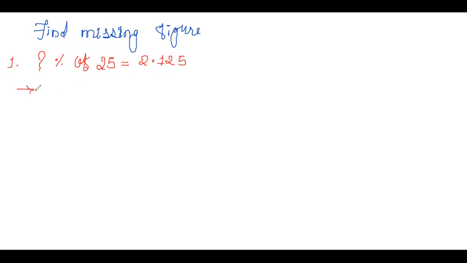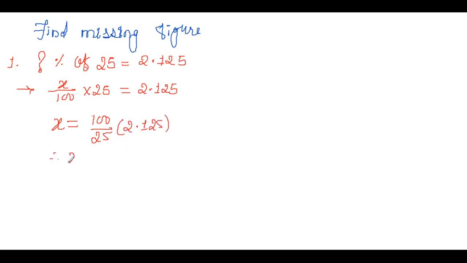How are we calculating here? Suppose this is x. So x divided by 100 of 25 is equal to 2.125. So x is equal to 100 divided by 25 into 2.125. Therefore x is equal to what? 8.5. Yes, it is 8.5.